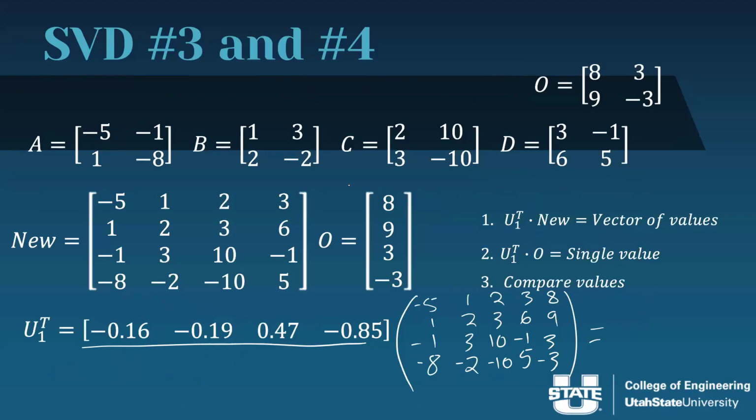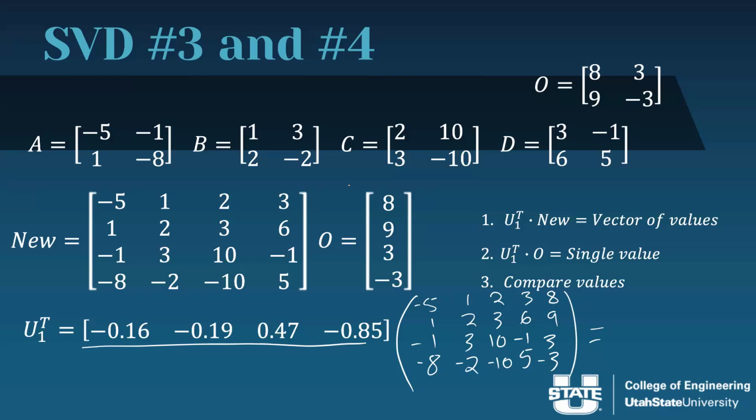We have one row and four columns. Give me a moment while I type this in so we can actually see an answer. Three, 6, -1, 5.